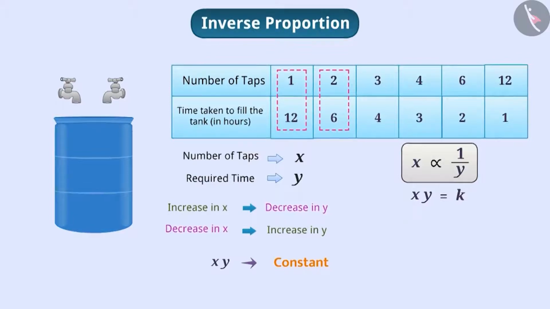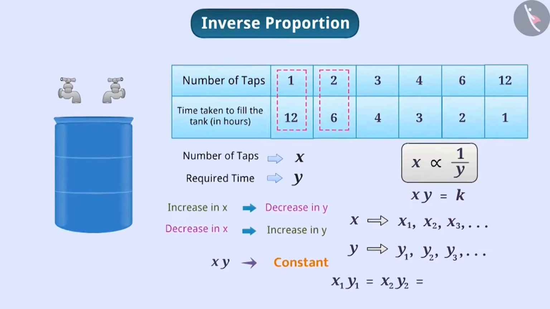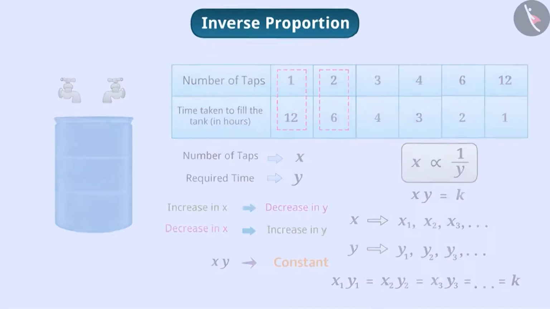In such a case, if the values of x are x1, x2, x3, etc., and the corresponding y values are y1, y2, y3, etc., then x1 y1 is equal to x2 y2 is equal to x3 y3 is equal to etc. is equal to k.